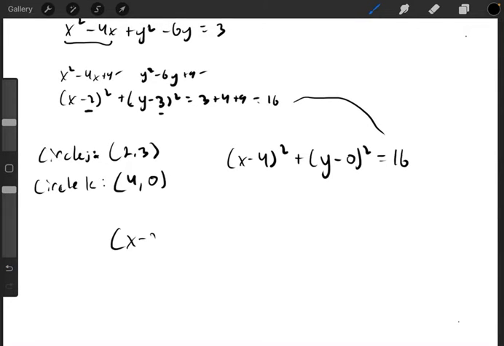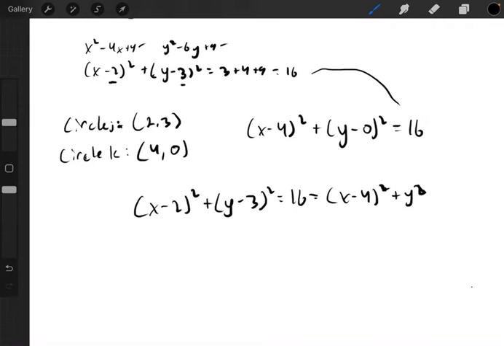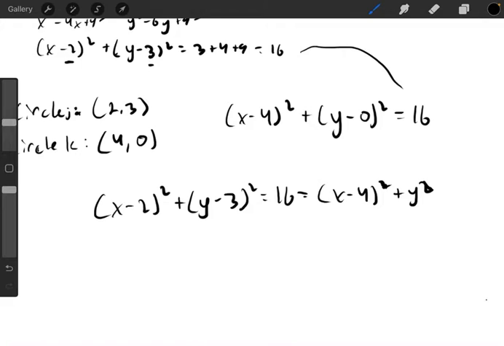We're going to start with circle J: x minus... plus y minus 3 squared equals 16, which equals x minus 4 squared plus y squared. Now, we can cut the middleman.